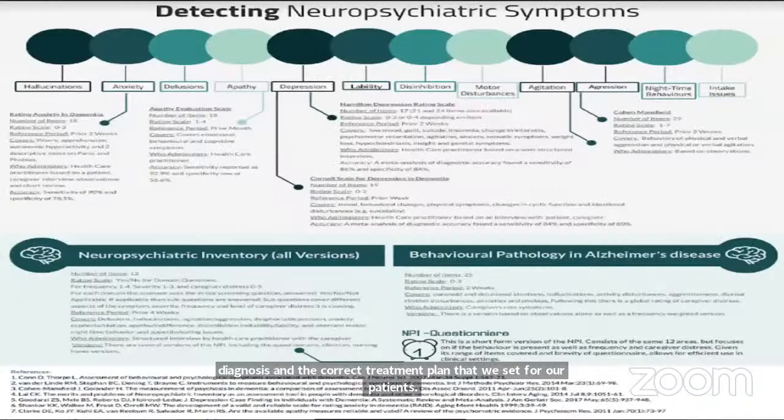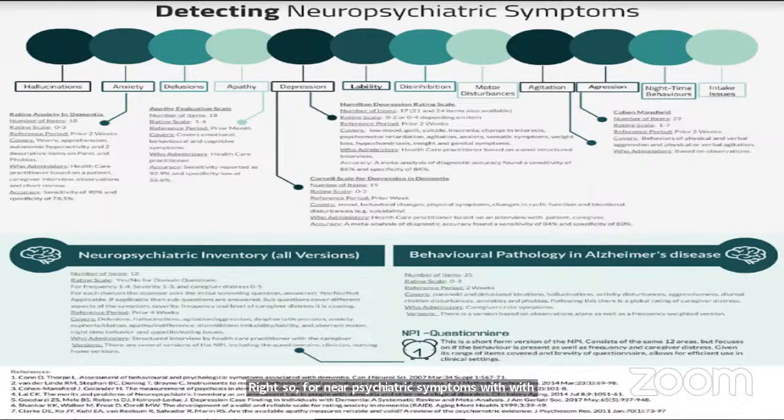Right. So for neuropsychiatric symptoms with Alzheimer's or dementia as a whole, from a psychology point of view, we would like to do some screening. I know Dr. Ru'a will be discussing specific screening later, but these are just things to keep in mind that it would be good to address.